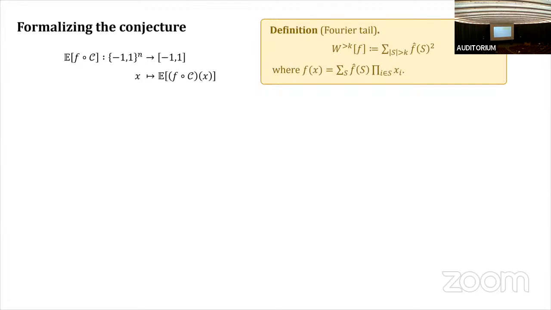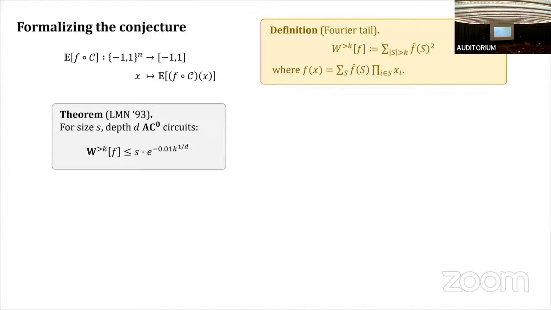It's not super important for the rest of the talk, but for Boolean functions, understanding the magnitude of Fourier coefficients for higher frequencies is one standard way to characterize the complexity of the function. And so these Fourier tails describe how much of the activity in this Boolean function is high frequency.